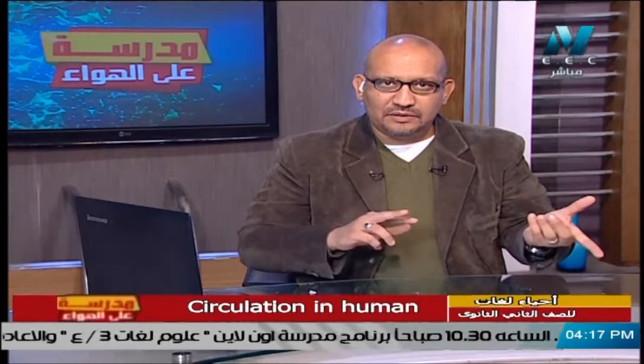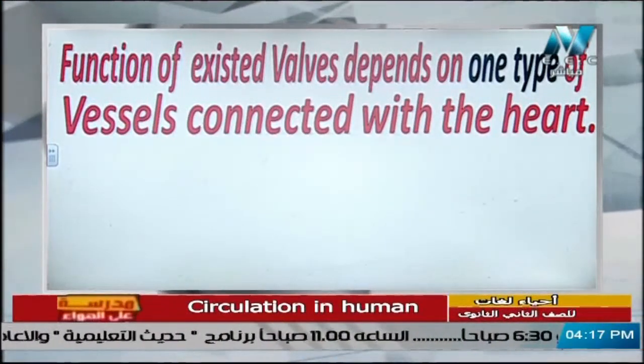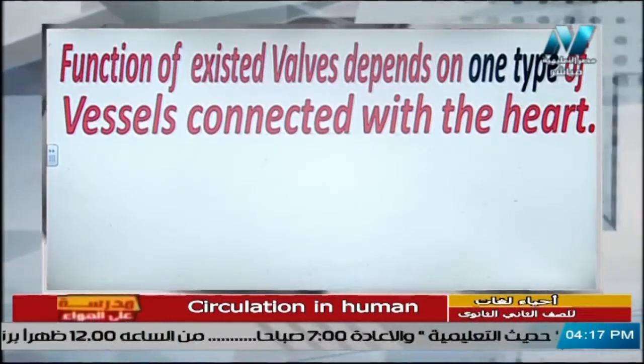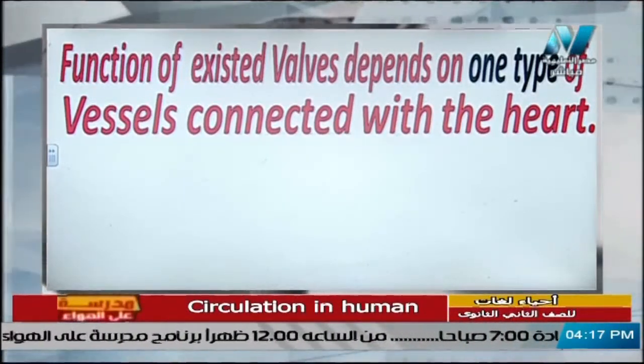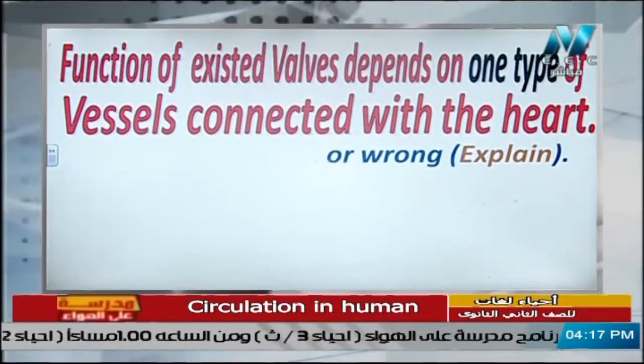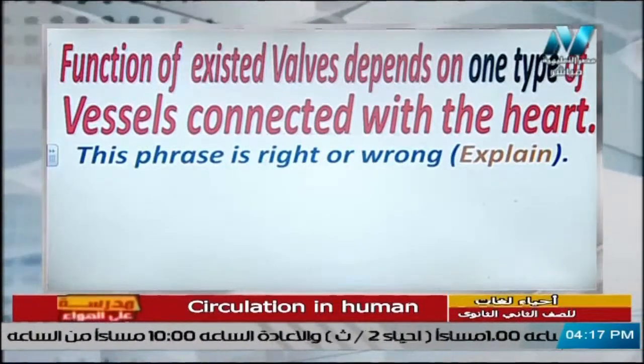Now, we know that veins contain valves, and arteries have no valves except for some. Let's see what we will do. The question says the function of existed valves depends on one type of vessels connected with the heart. So is this right or wrong? The question says this phrase is right or wrong, explain.